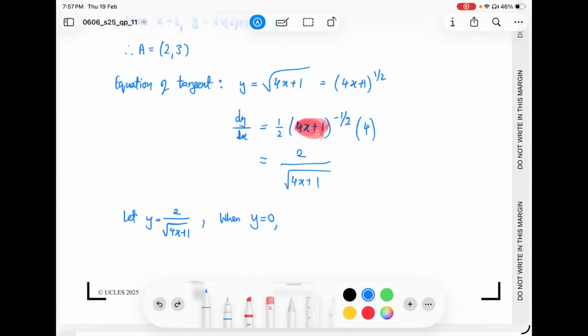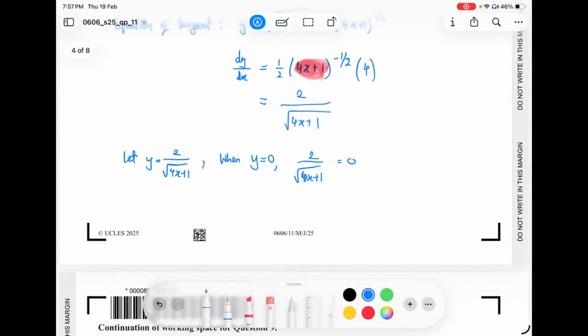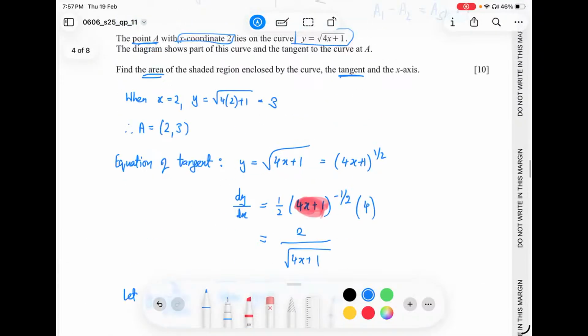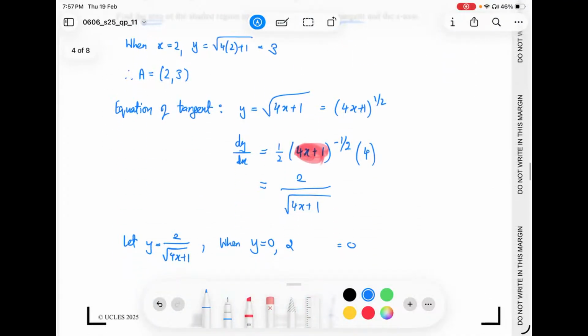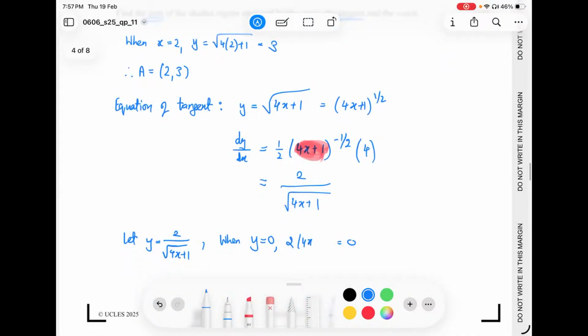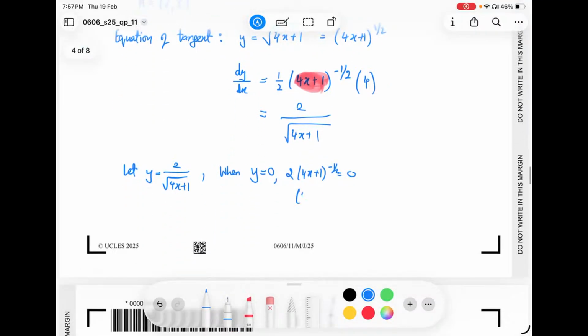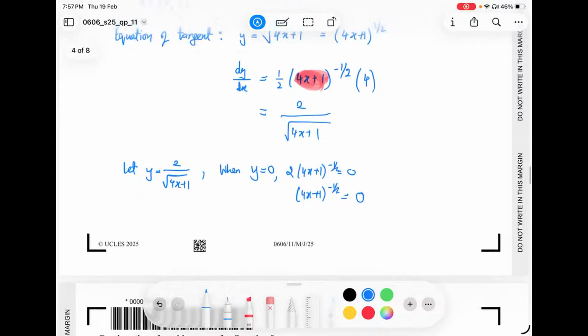we find x. Now 2 over root 4x plus 1 is going to be 0. You can write this as 2 times (4x plus 1) to the negative half. Now (4x plus 1) to the negative half is going to be 0.